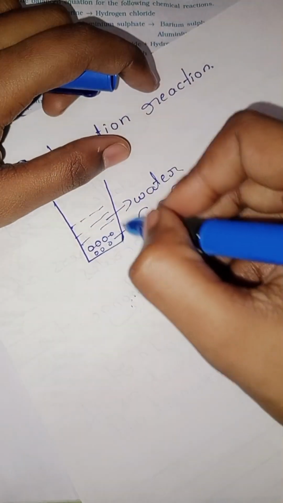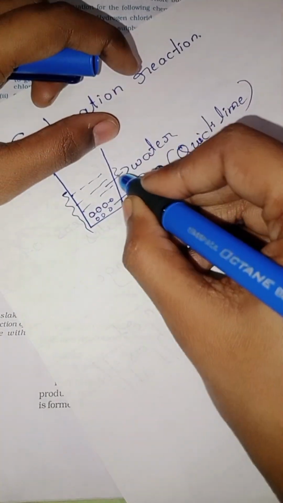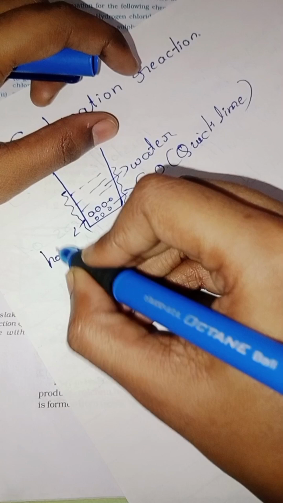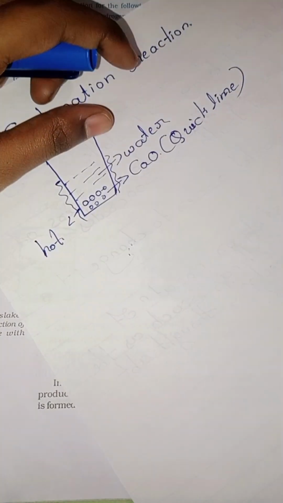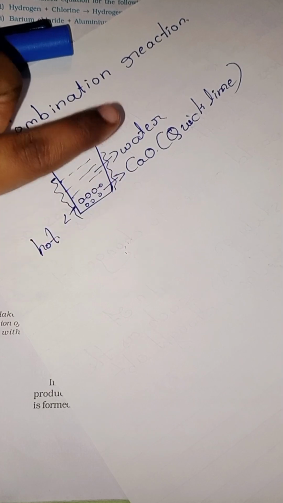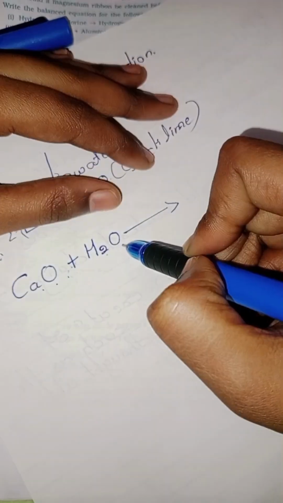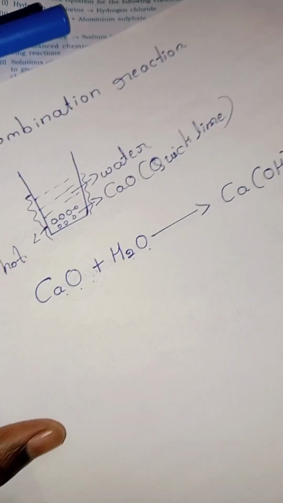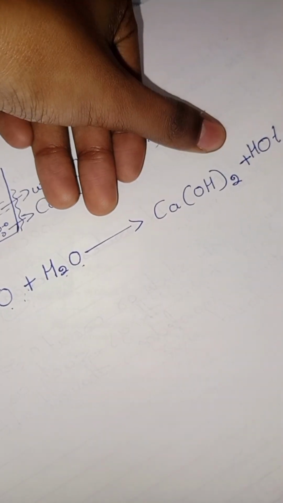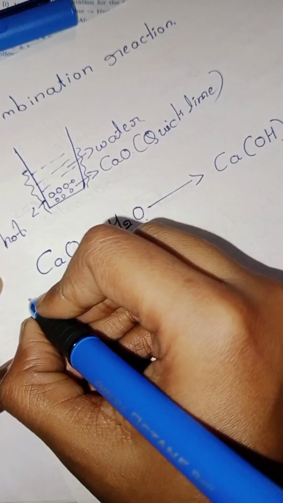When I put this quicklime in and start to stir, the container feels a little bit hot. So let's write what happens when calcium oxide reacts with water. When calcium oxide reacts with water, it forms calcium hydroxide as the product, and heat is produced.